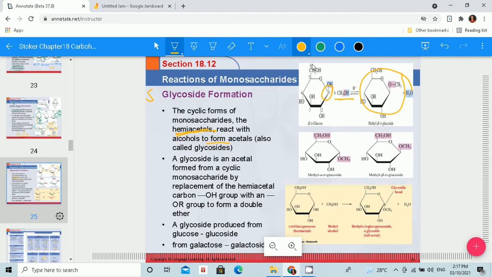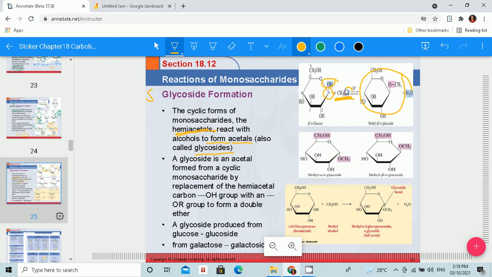And that acetal is also called our glycosides. So this one class, we have it here in our hemiacetal, in our anomeric carbon. It's OH first, and then it was reacted with an alcohol. This alcohol is our methanol. It reacts with methanol.